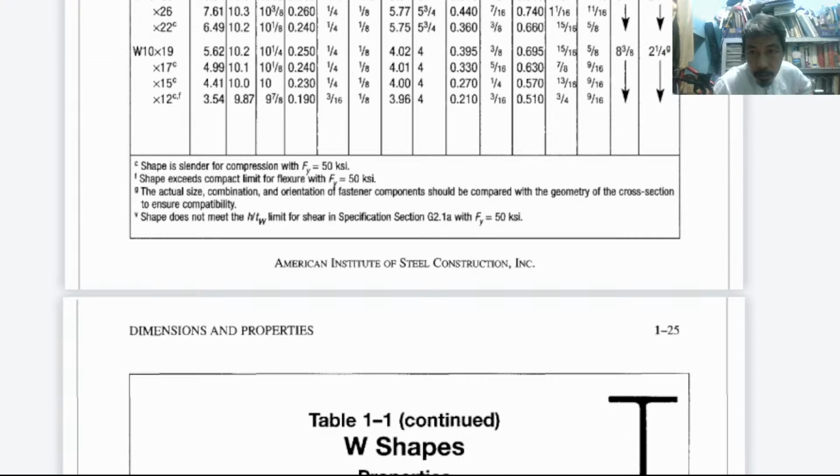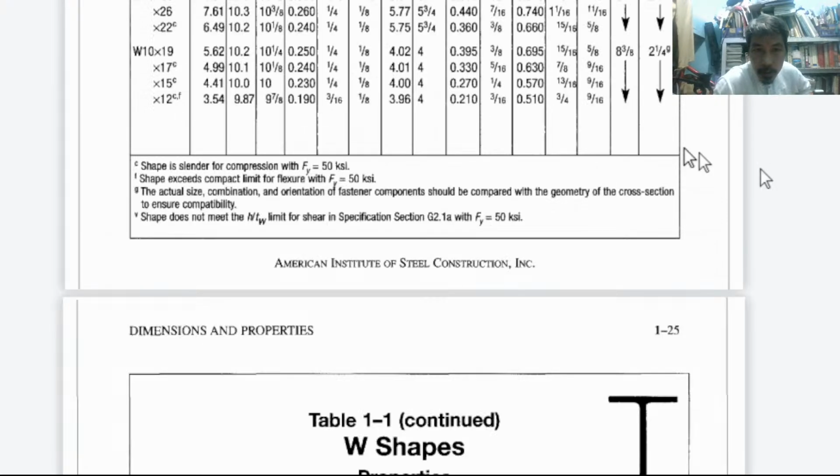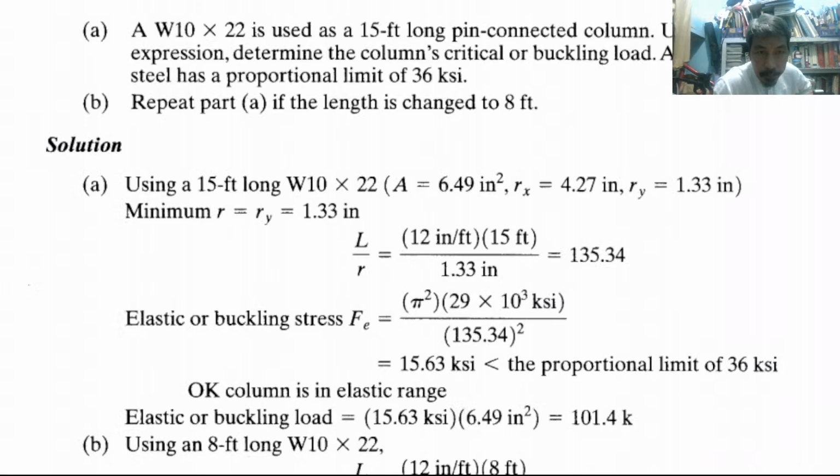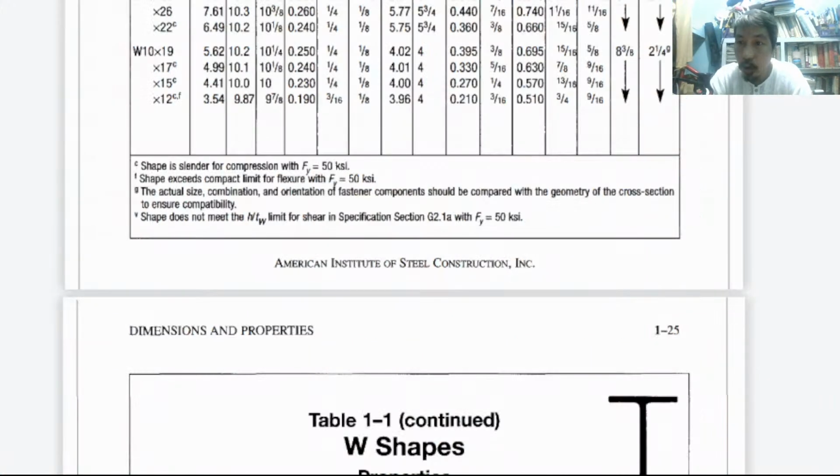What do you mean by that? Area, depth. So what are the important things that we need to know? Area, then radius of gyration X and radius of gyration Y. So Rx, Ry, those are important. That is for when we are going to use this element as a column. We need the area. So this is the area.